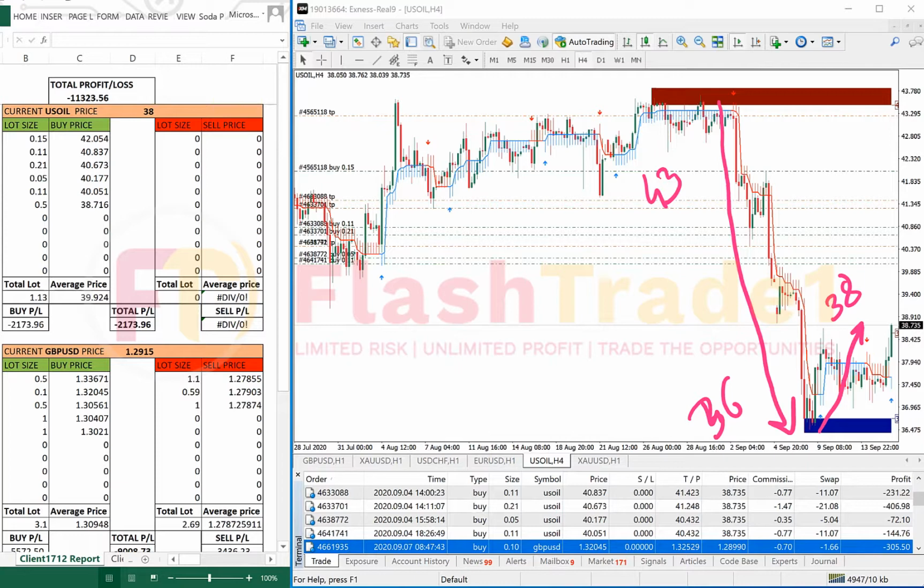It has generated a second signal, again a buy from the 36 level. So we will take only the two entries and apply them against the total loss. We can see here the $11,000, and apart from that, $2,000 of the loss is only from US oil. So on the buy side we will take one at the rate of 36, and on the sell side, as per the signal, we will keep it at 43.